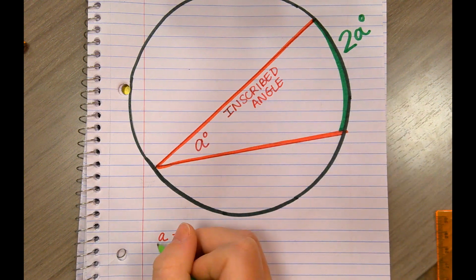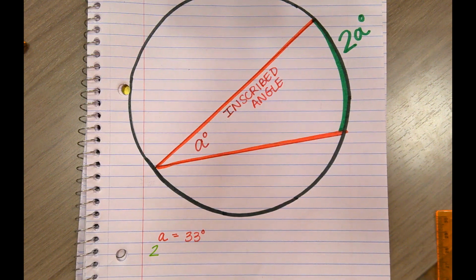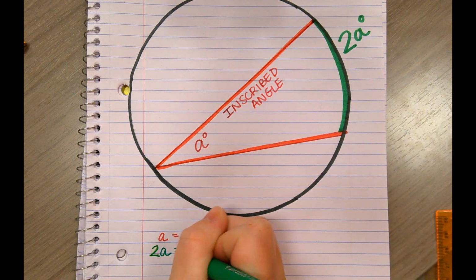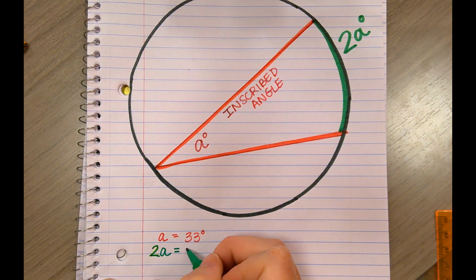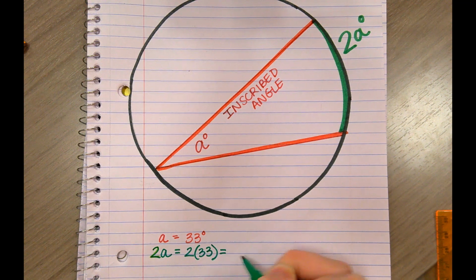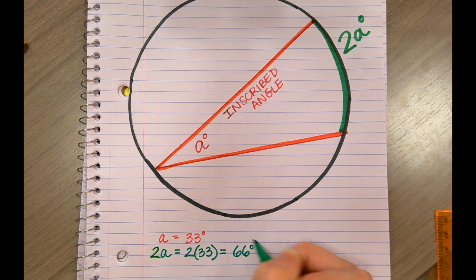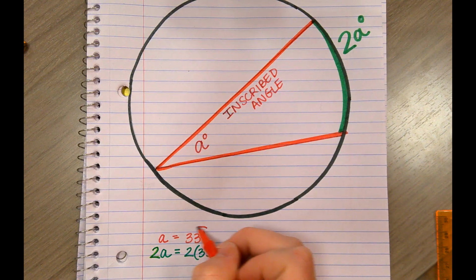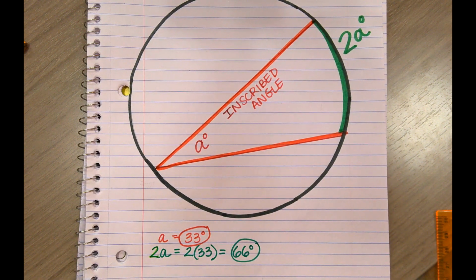If this is 2 times A, well, A is 33, so it's 2 times 33, which is 66 degrees. Not too bad. 33 and 66. Simple things that we can do with that.